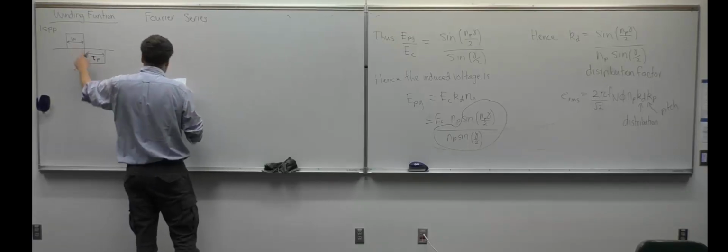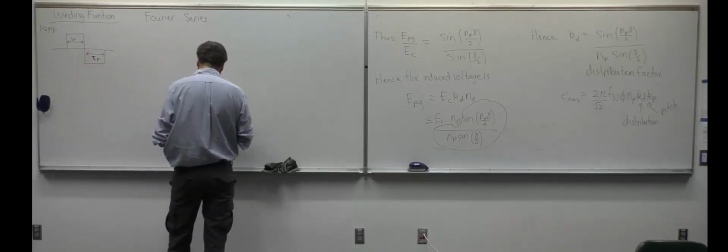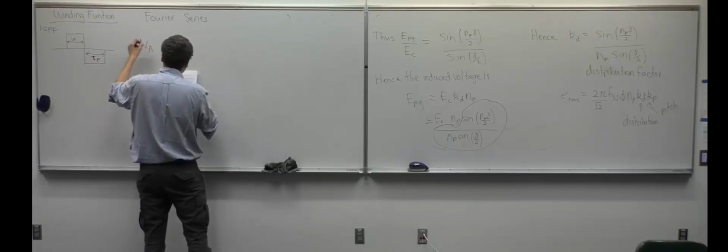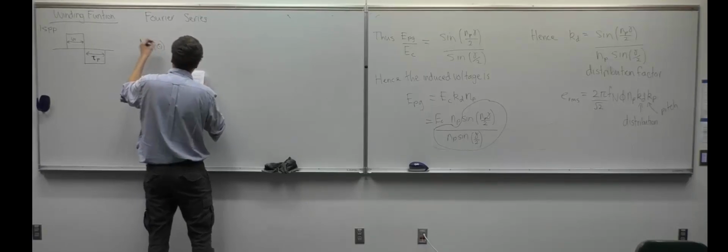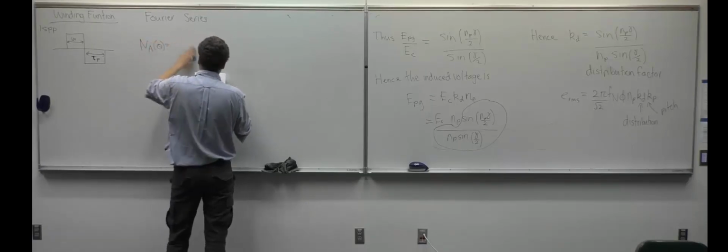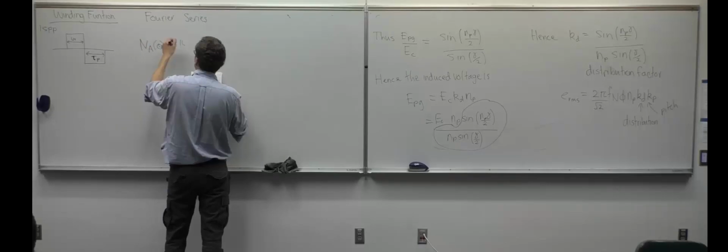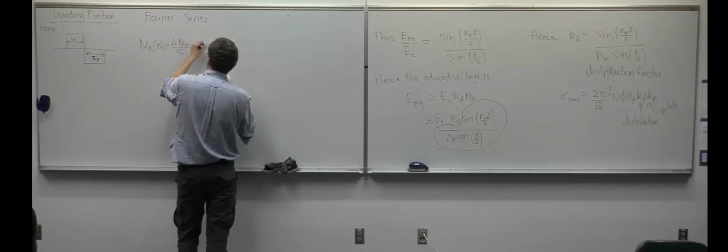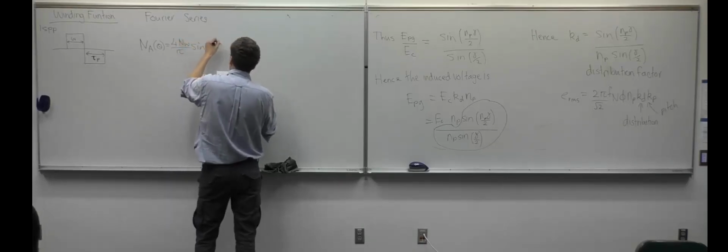Coil pitch and pole pitch were the same. And so then we had the Fourier series that we obtained, and for the fundamental, it's just the square function.